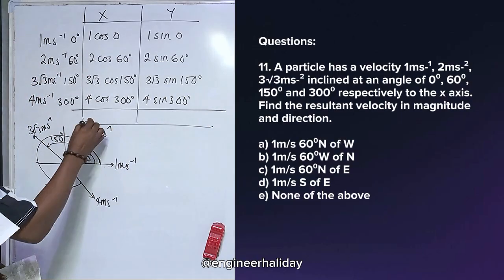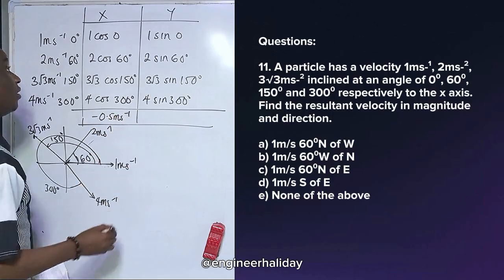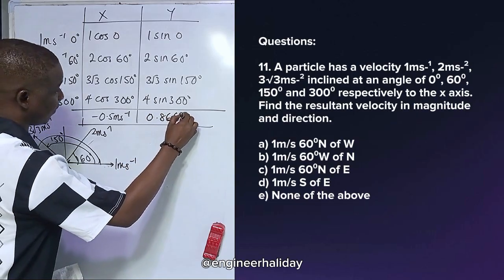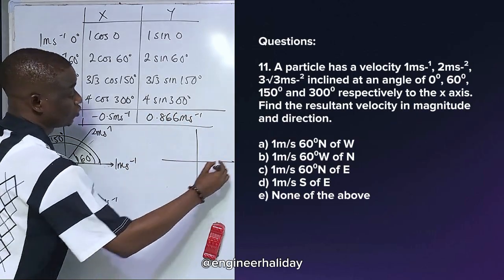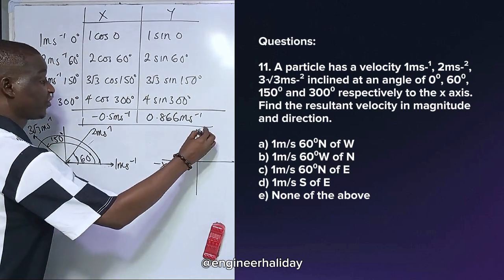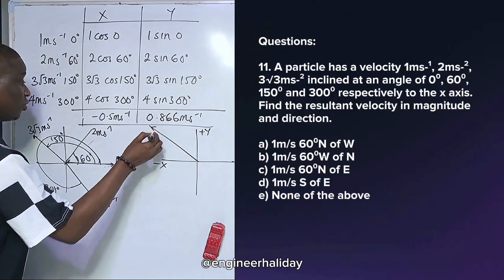What do you have? Minus 0.5 meter per second and 0.866 meter per second. So this one should be in which quadrant? Negative x and positive y, so it should be the second quadrant.